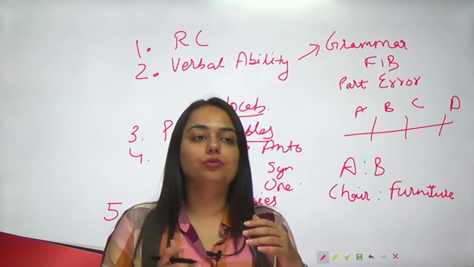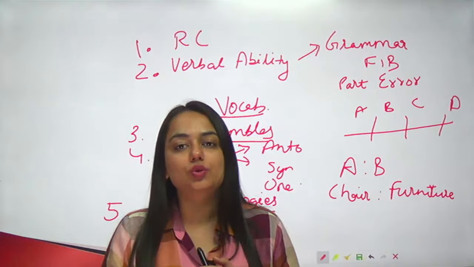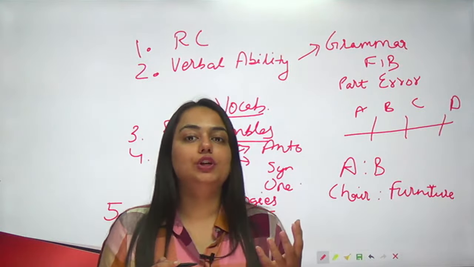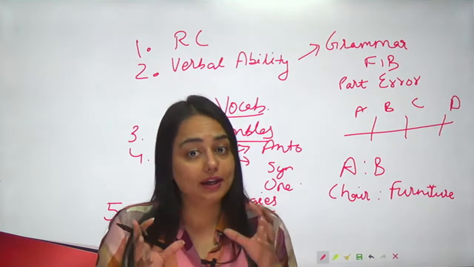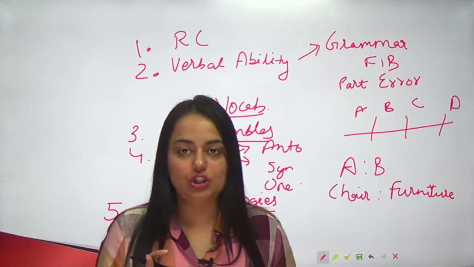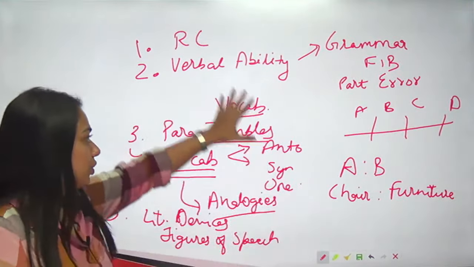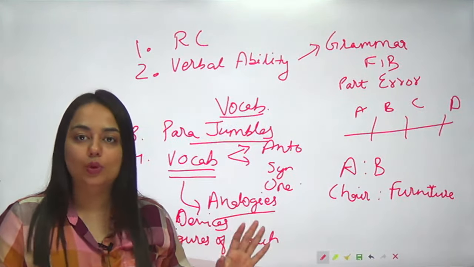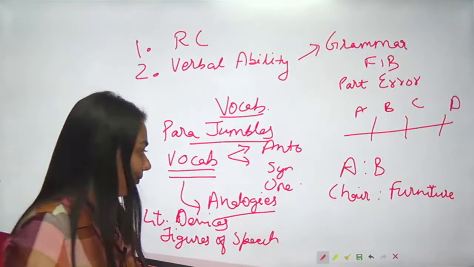I know we have all done figures of speech in school, but I think not in a proper order. So I have made a video on whatever probable kinds of figures of speech you can get, with a good number of examples with each. You can refer to that. So these are the types of questions that they can give you in the English language paper for CUET.